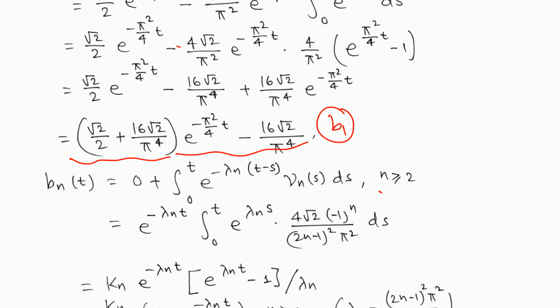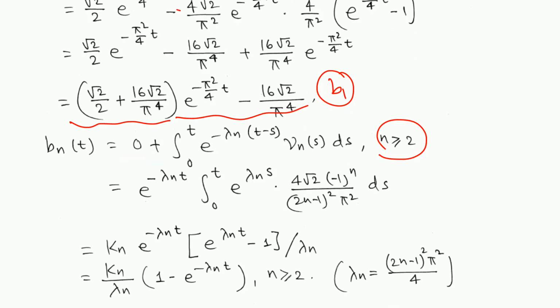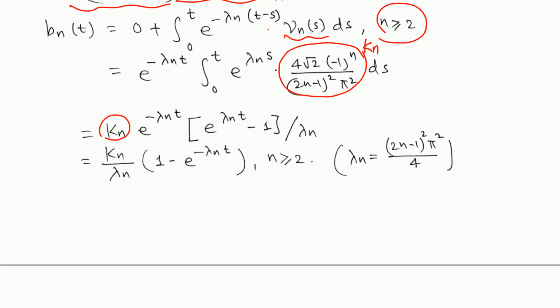So for n bigger than or equal to 2, all other bn's, the uppercase B is 0. If you go back, the integral from 0 to t, this formula, same thing, and these are given by here. I have written kn, I should have written kn here just to simplify things. It's a constant in fact, and I can pull those kn's outside here, and I have e raised to negative lambda n t.